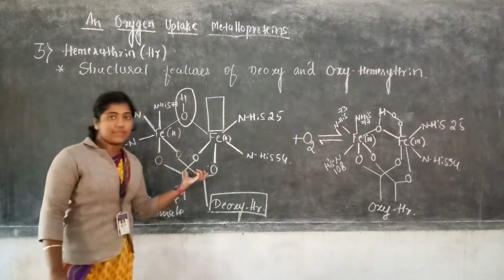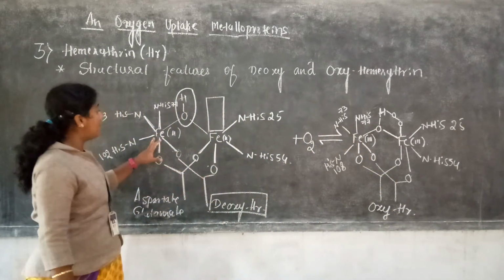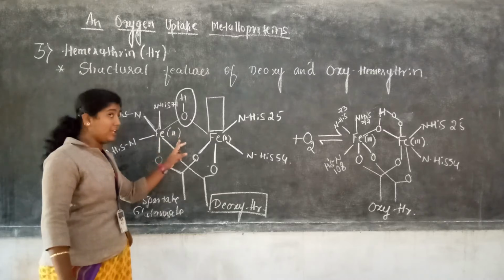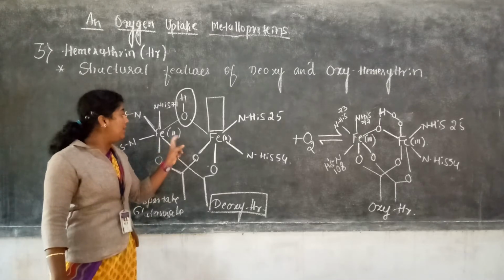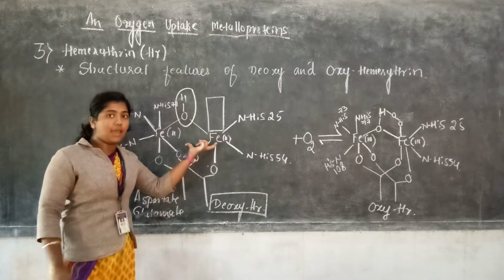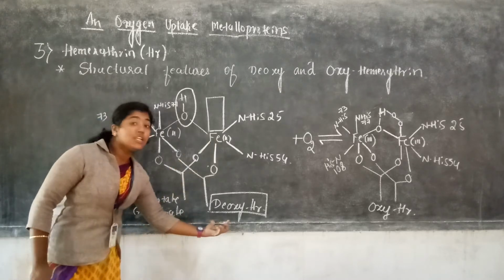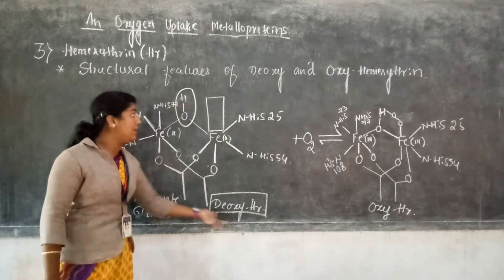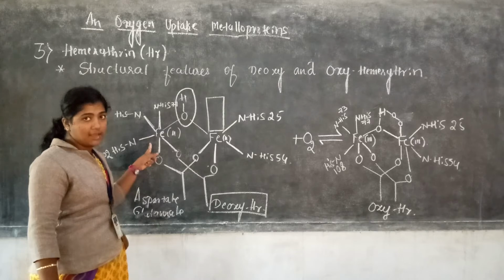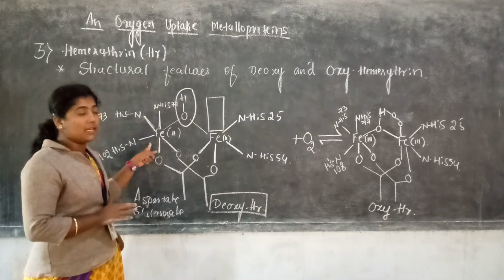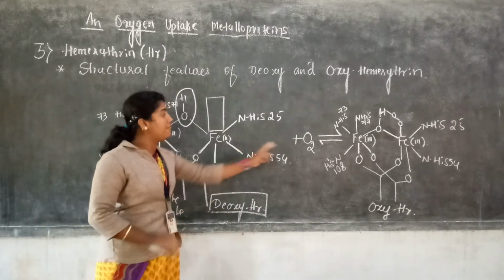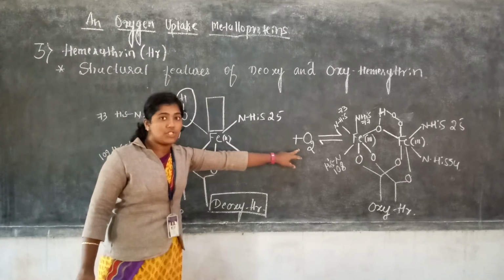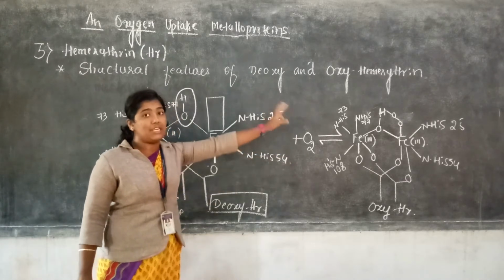Okay, in the oxy form of hemerythrin we observe the first iron center in the +3 oxidation state, and both centers are in the +2 oxidation state in the deoxy form of hemerythrin, having six coordinated sites in octahedral geometry. Then after dioxygen binding takes place, it is the oxygenated form.